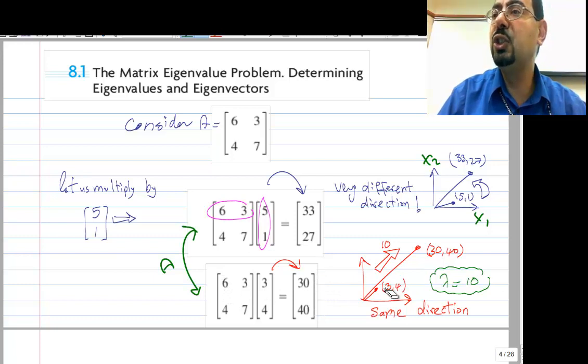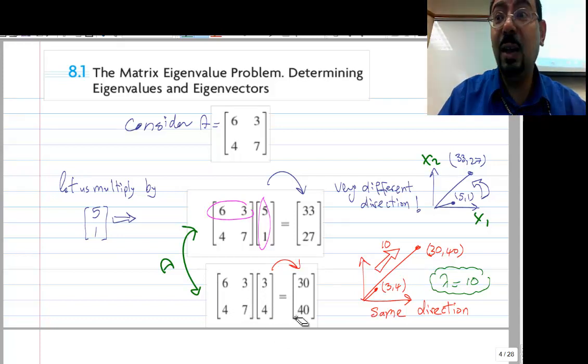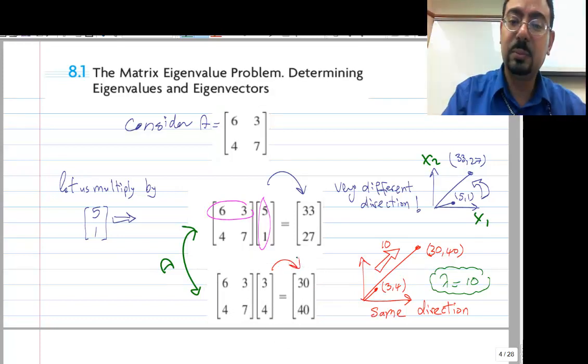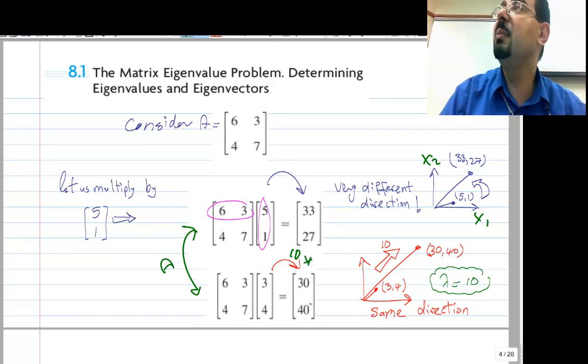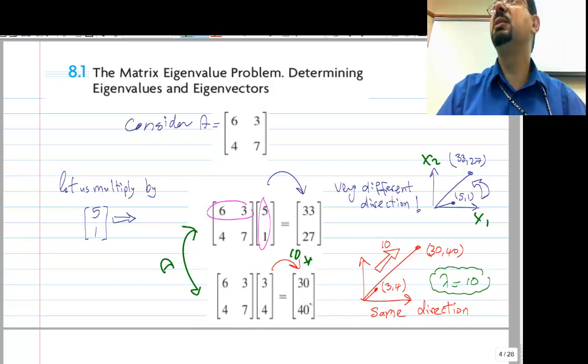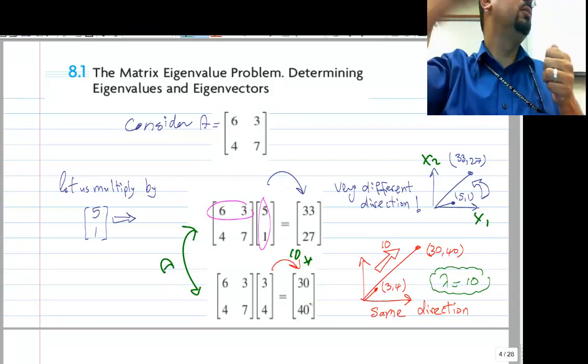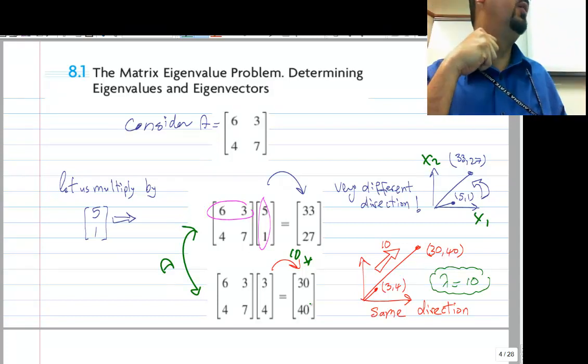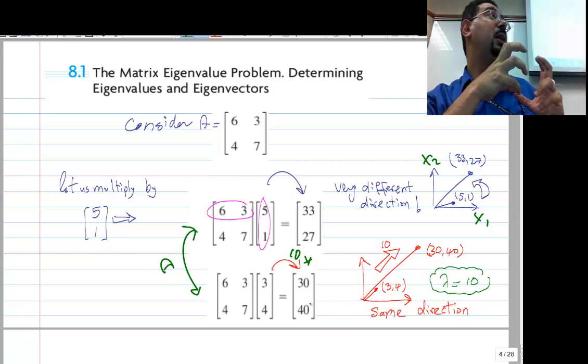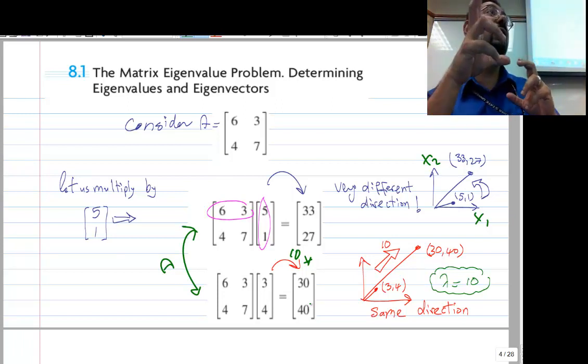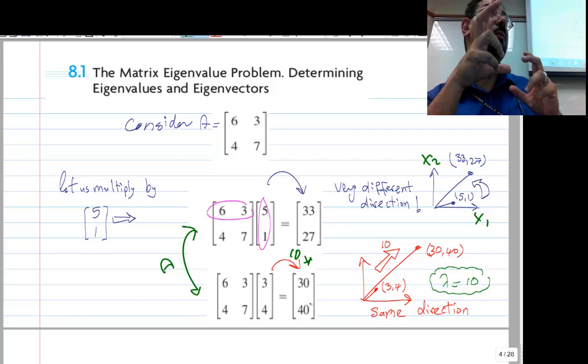So here is the original 3 and 4, and here is the result 30 and 40. So multiplying this matrix by that vector, it's as if you multiplied 10 by the same vector. It's as if you just stretched or shrunk the vector by a factor of 10. So multiplying the matrix by that vector didn't change the direction of the vector.